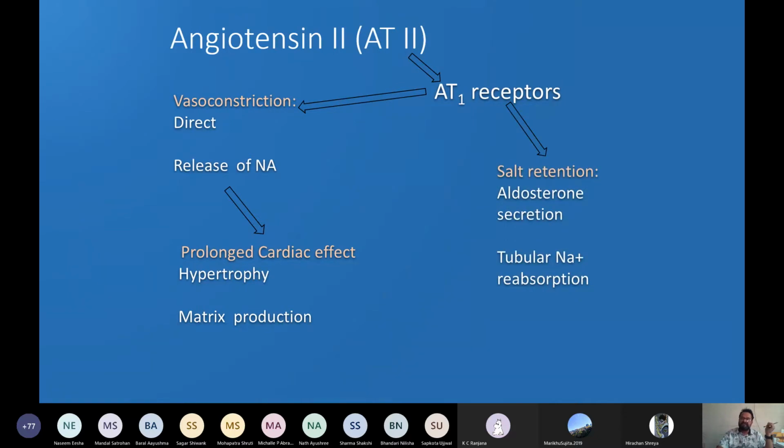And the third one is salt retention. Why? Because it increases the aldosterone secretion. Okay, aldosterone, you know by now that it's a mineralocorticoid hormone, which will enhance the salt retention. It will increase reabsorption of sodium chloride from the kidney, and it will decrease the filtration. It will increase the tubular sodium reabsorption from the kidney. That is the job of aldosterone.